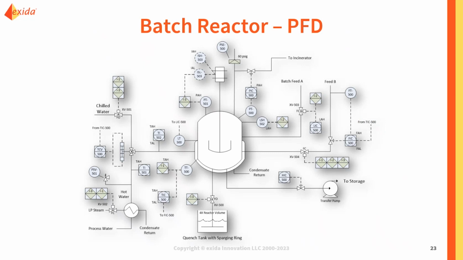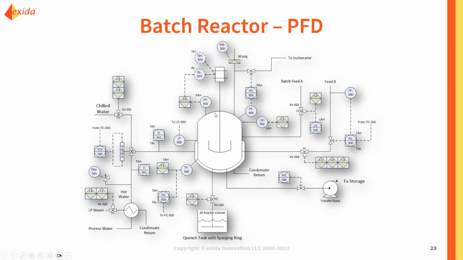In this case, we're looking at a batch reactor, and we have a few things going on here. With this batch reactor, and again, this is just an example process that we're using as a basis, you're basically having two materials, A and B, fed into the reactor.